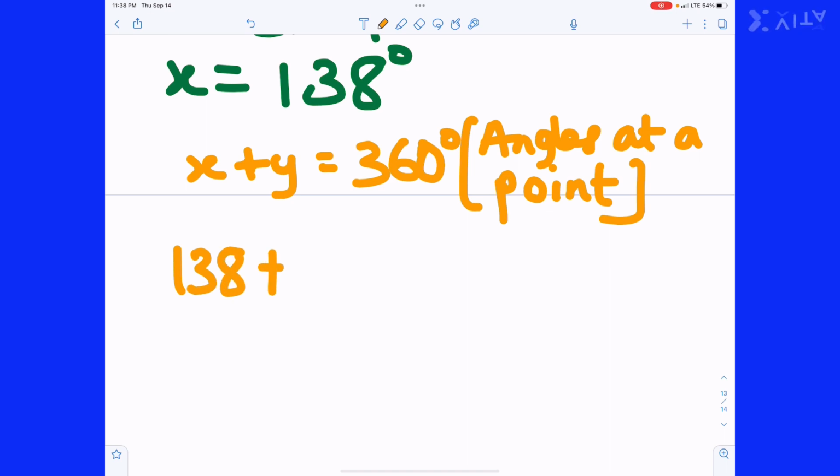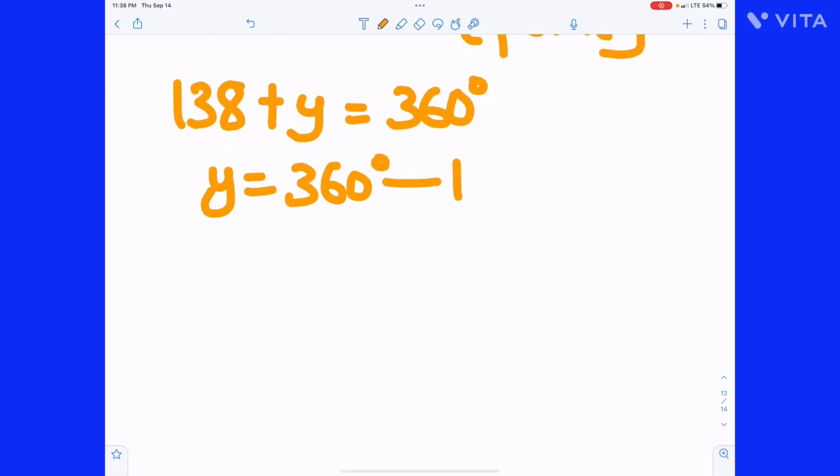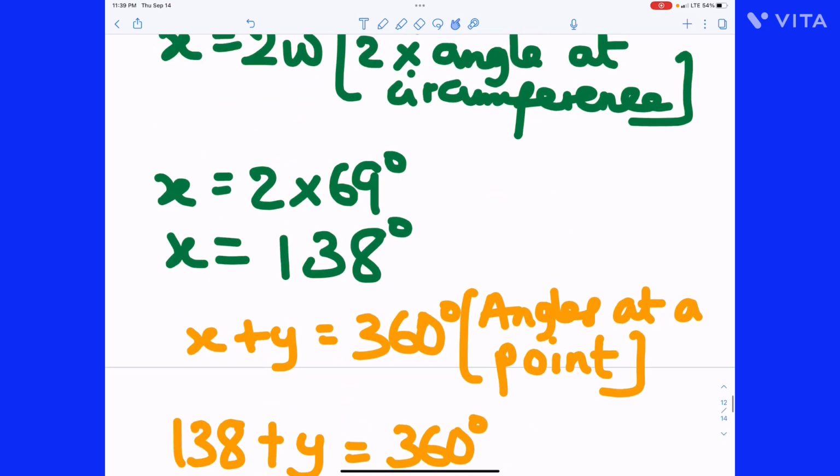So 138 plus Y is 360 degrees, and Y is 360 degrees minus 138. Y is what? That's 222 degrees. Y is equal to 222 degrees.